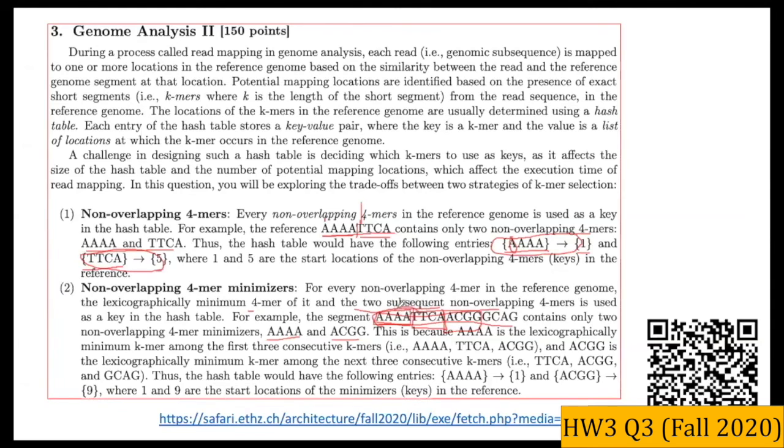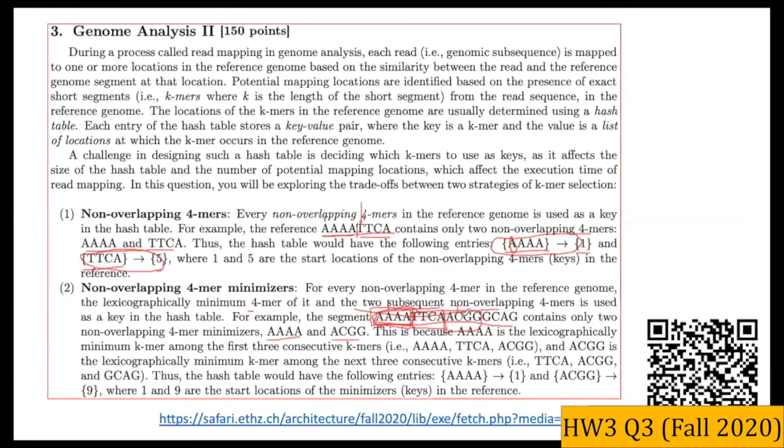When we compare the first to the third, the first character in both of them is equal, so we go to the second character. Here is A, and here is C. A is before C in the alphabetical order. So the 4 A's is the one we consider as a minimizer.